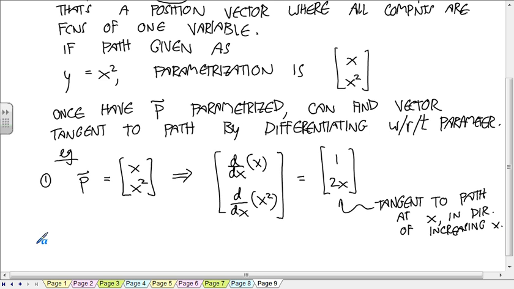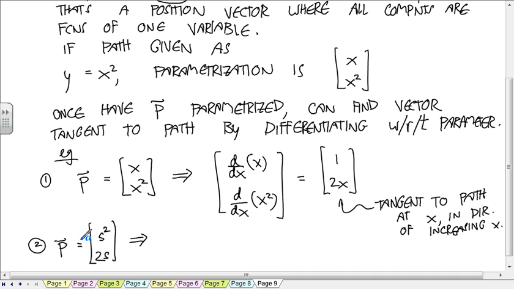As a second example, you could have a position vector that is (s squared, 2s). And what is s? It doesn't even matter. It could be the arc length of the path, or it could just be some arbitrary parameter that you use to define this path.